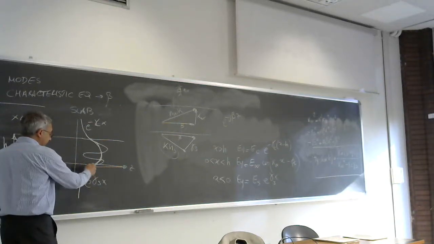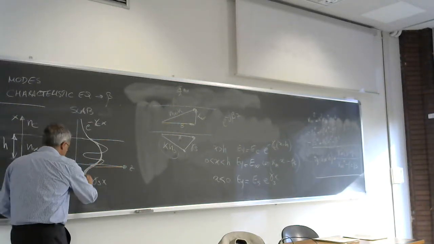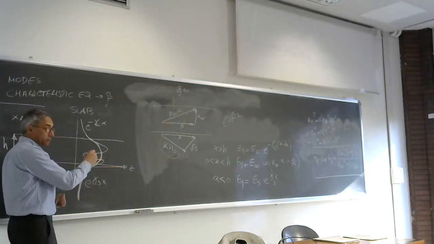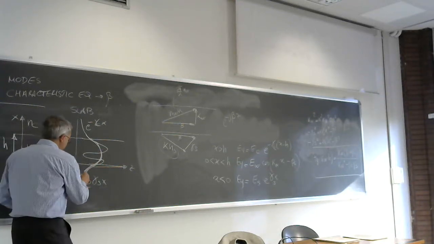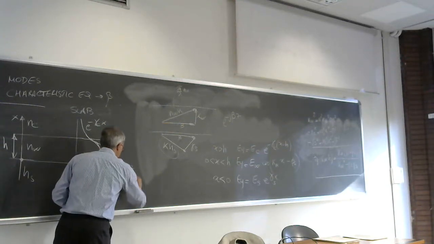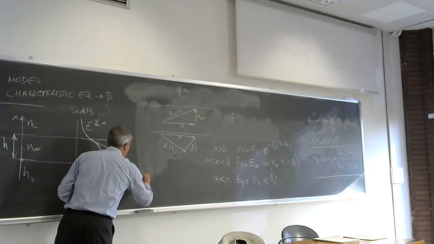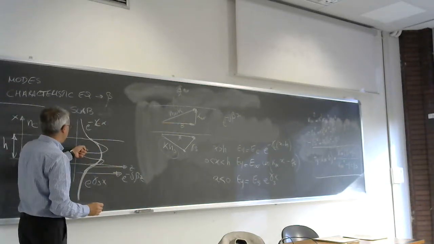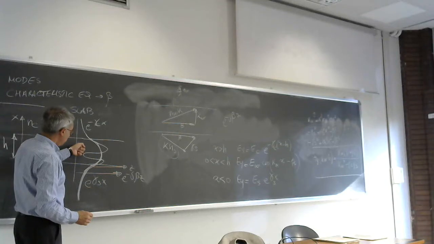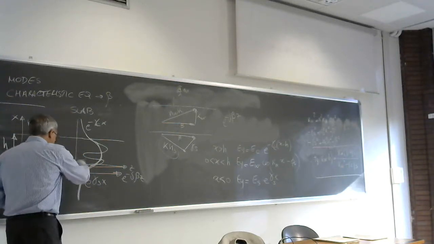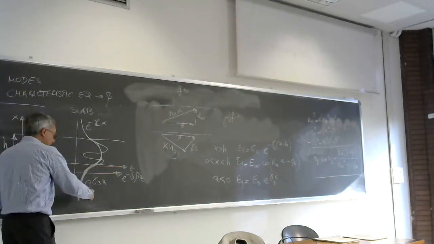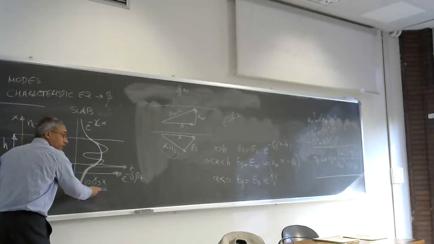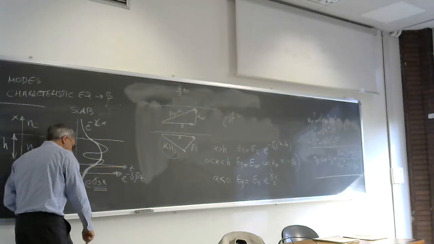So this field has an exponential decay, gamma, in this direction, as its friend in the core propagates, and it does not propagate along x, because along x the dependence is this one. There is no j here, so there is no propagation away.